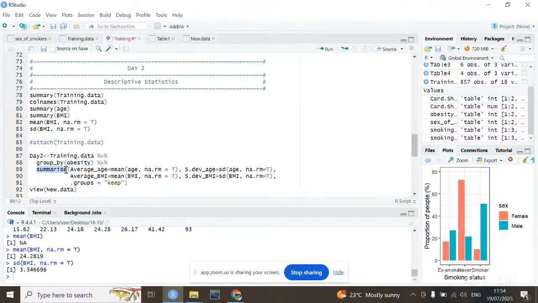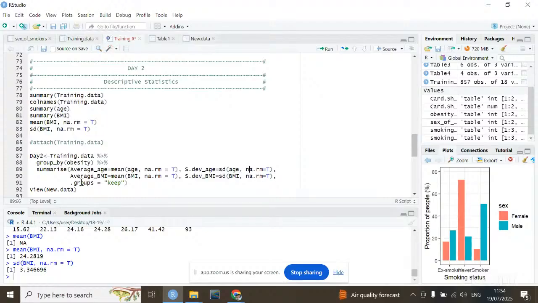Then summarize. Now, when you're summarizing, I'm creating a column called average age, and from that column we are going to get the mean of the age, after removing the missing values. Then I also create the standard deviation of the age using the function sd, using the data from the column age while removing the missing values.